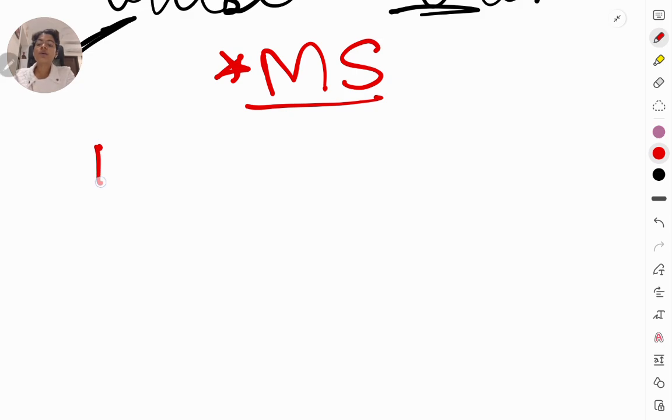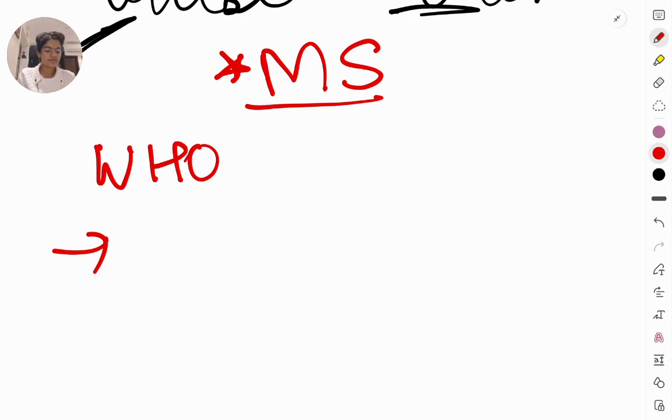Now WHO has categorized two things. First of all, it should be insulin resistant, that who should have more blood glucose level after the elevated fasting blood glucose level.